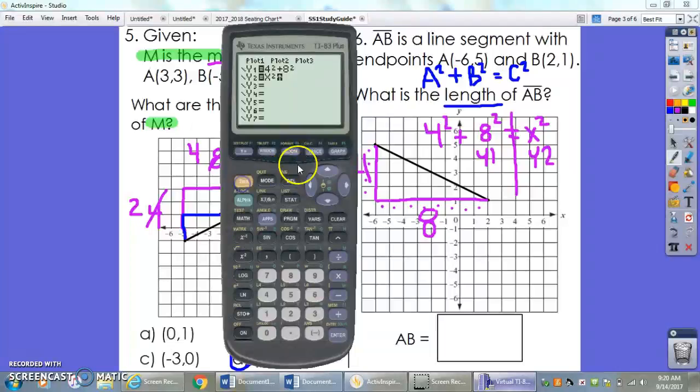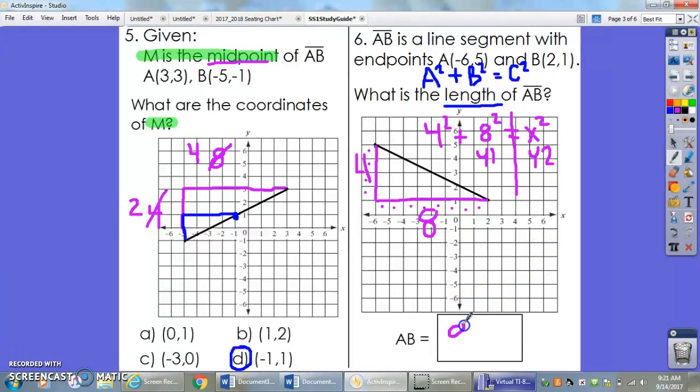Then I'm going to hit second, trace, 5, enter, right, enter, enter. X is 8.94. And that's it, 8.94.